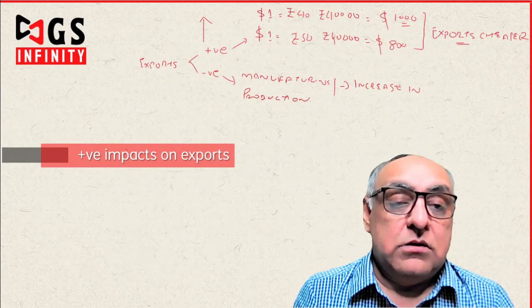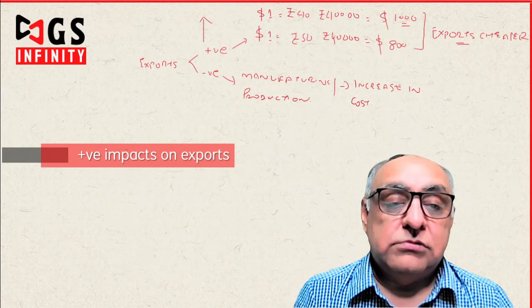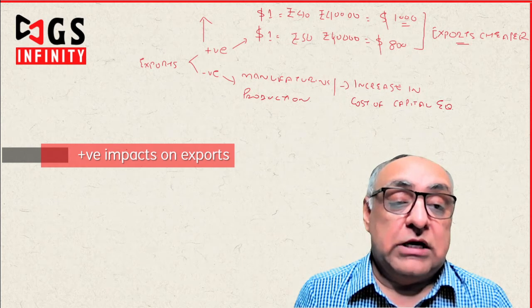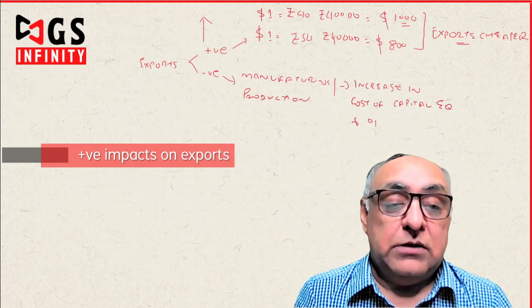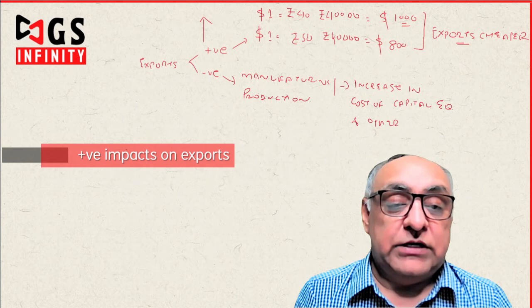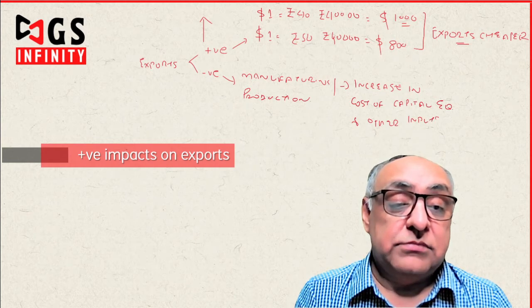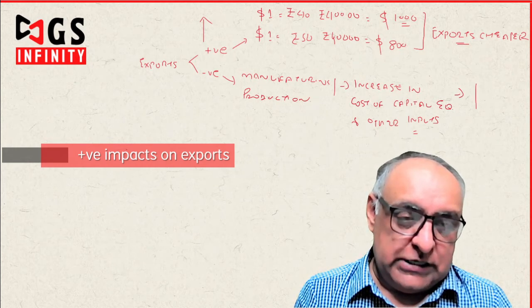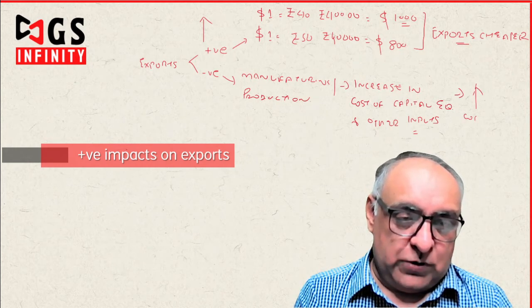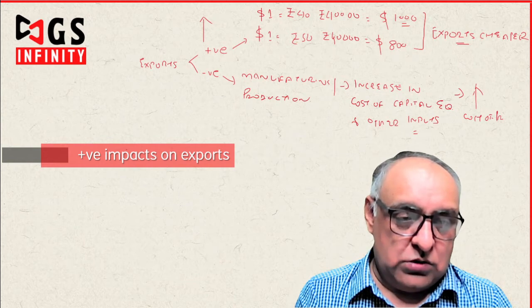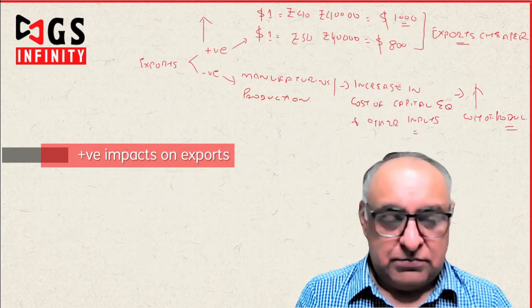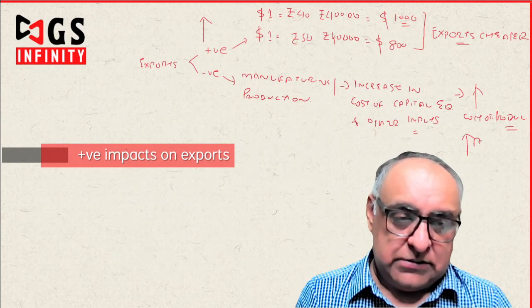Increase in the cost of capital equipment and other inputs. So this cost would increase, and this will lead to an increase in the cost of production. Increase in cost of production means increase in the price.